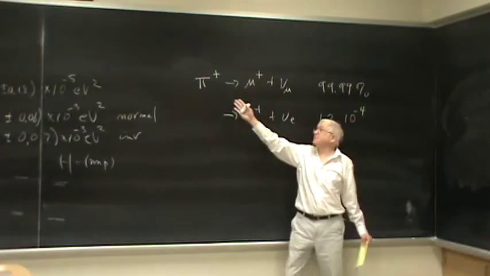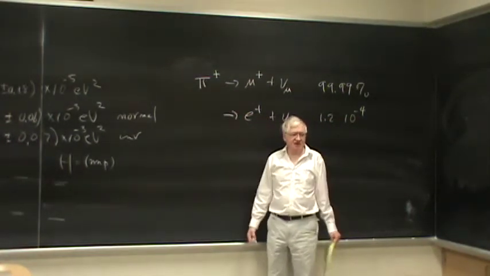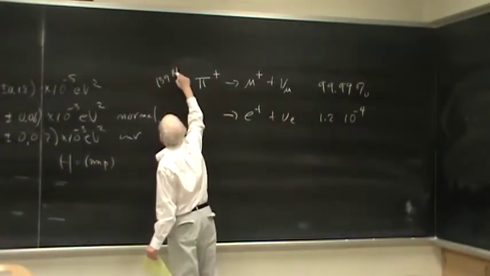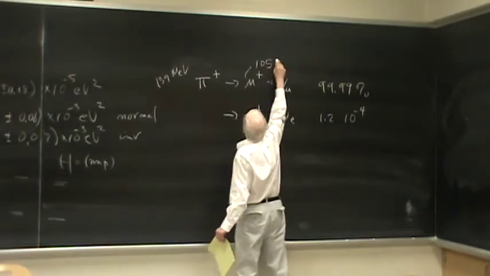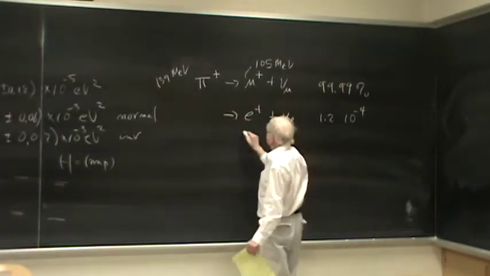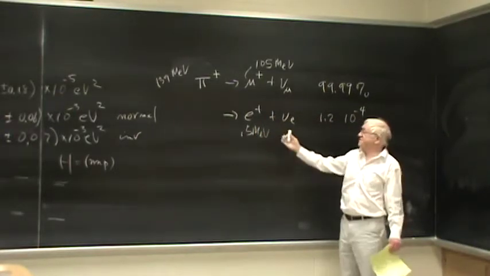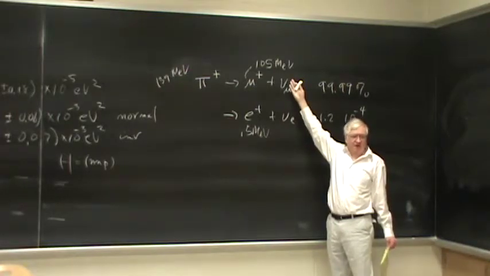This particle here, the pion, is 139 MeV. This one is essentially 105 MeV. This is 0.5 MeV. So the phase space here is humongous. It's almost 0 up there.